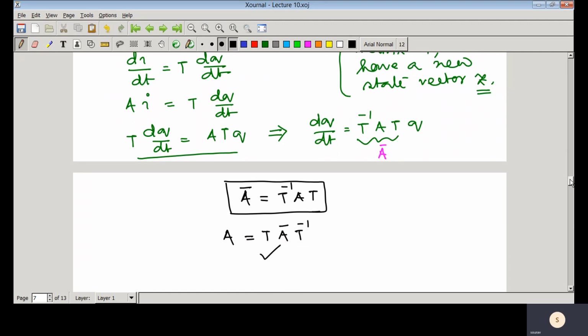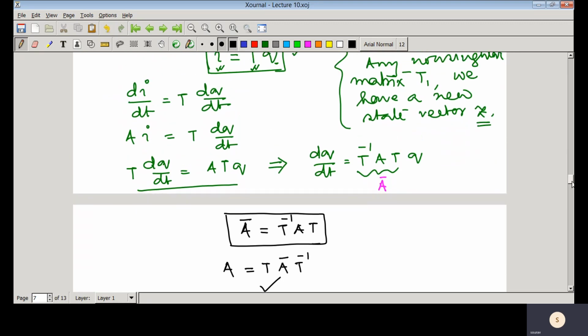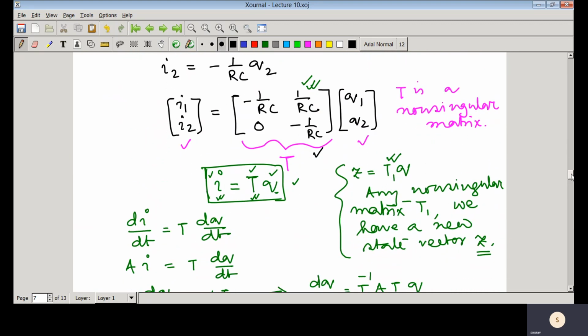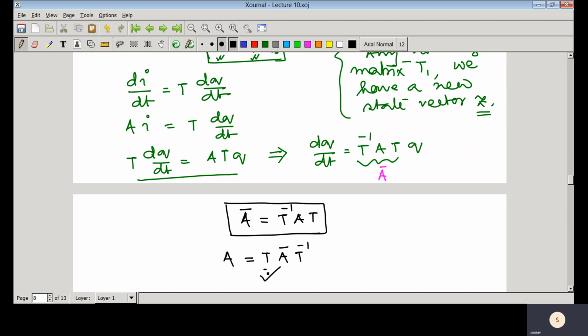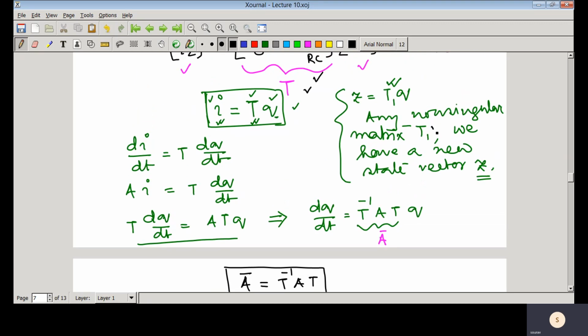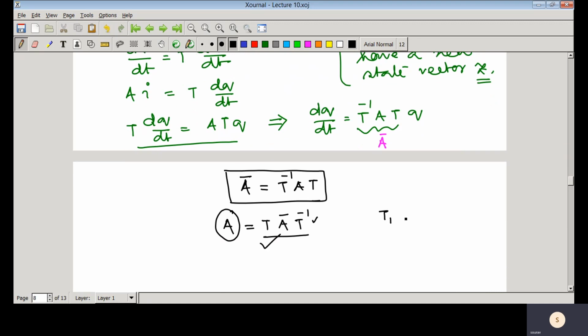Suppose you have one state space representation, obtained just by taking state vector Q. Then if you take one T matrix, which is a non-singular matrix, and multiply A bar from left with T and from right with T inverse, you will have another system matrix, that is A. Similarly, if you take any arbitrary non-singular T1, and multiply T1 A bar T1 inverse, you will have some other matrix.